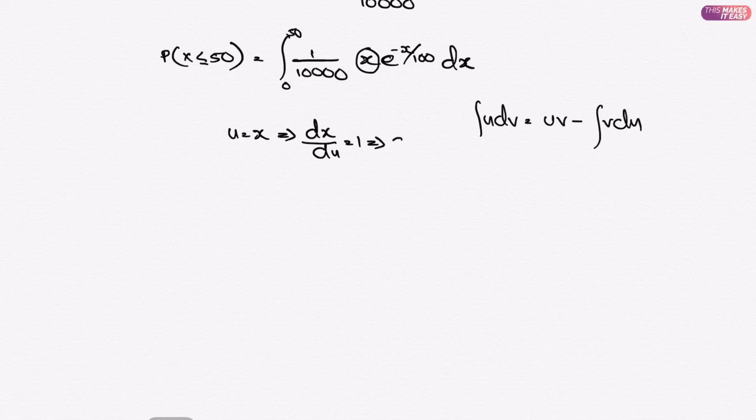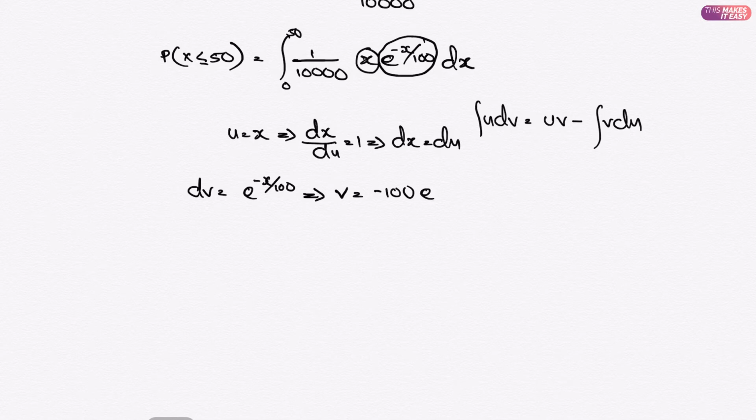That implies dx is equal to du. And this part we can consider as dv. So dv is equal to e to the power minus x divided by 100. It means v is equal to minus 100 e to the power minus x divided by 100, because if we differentiate this, we will get this.